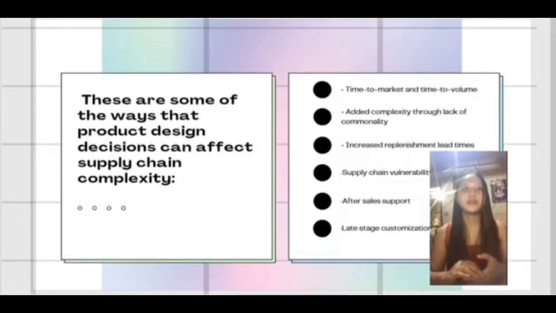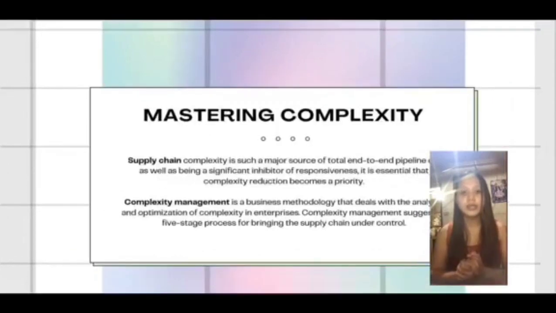And then the next one is mastering complexity. Because the supply chain is such a major source of the total end-to-end pipeline cost, as well as being a significant inhibitor of what we call responsiveness, it is essential that complexity becomes a priority.